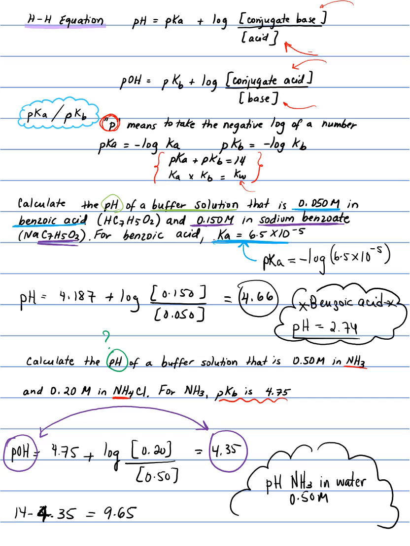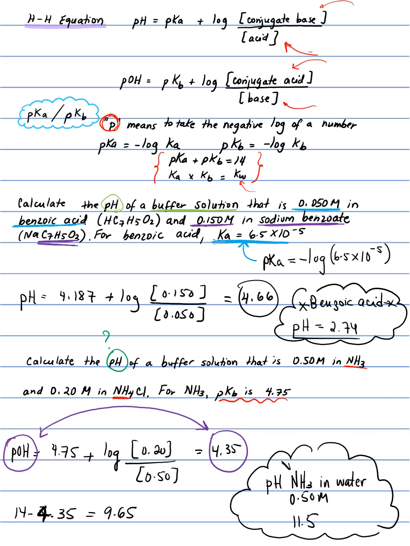If you do that for a solution of ammonia NH3 with a concentration of 0.5, the pH value will give you something close to 11.5.